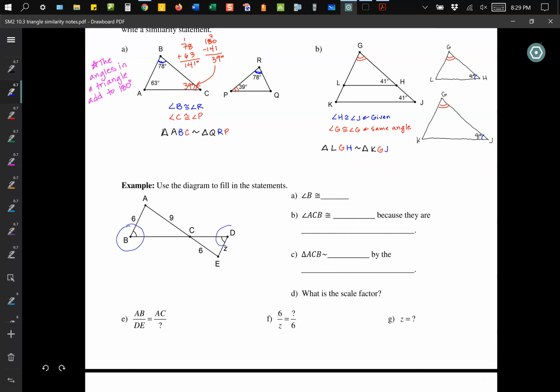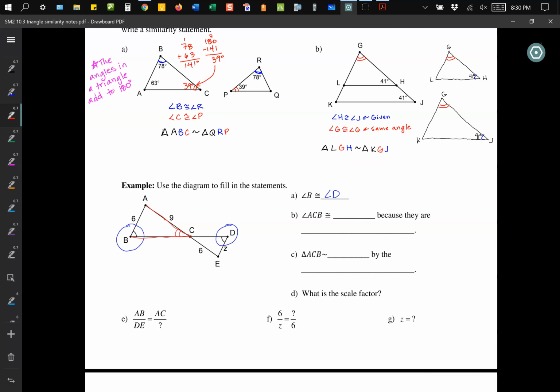So over here, angle D also has one mark. Then it asks me about angle ACB. ACB, that's this one. And it wants to know an angle that is congruent to it.